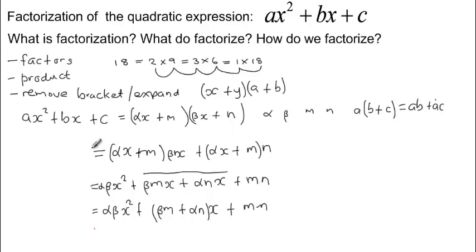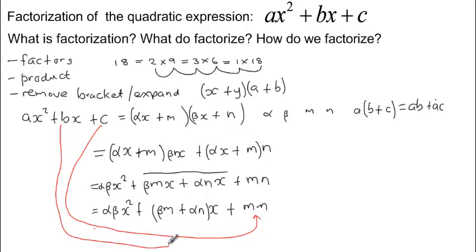So in this case, this is our C and this is our B and our A is sitting here.